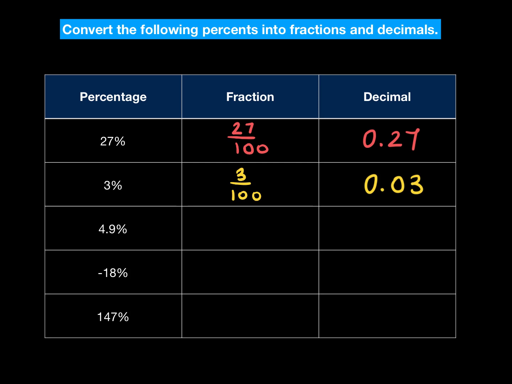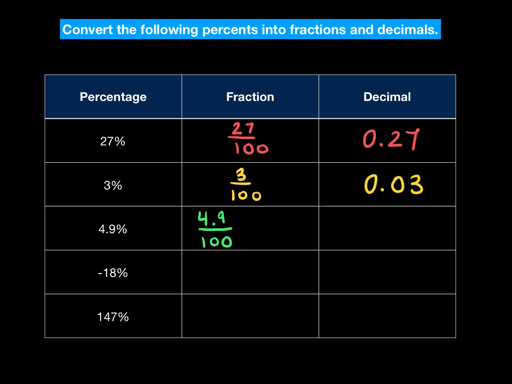Remember, percent is always per 100, so we start by writing 4.9 out of 100. But we can't have a decimal inside of a fraction like that. So what do we have to do? We're not going to divide it because we would just have a smaller decimal on the top. How can I get rid of that decimal in there?